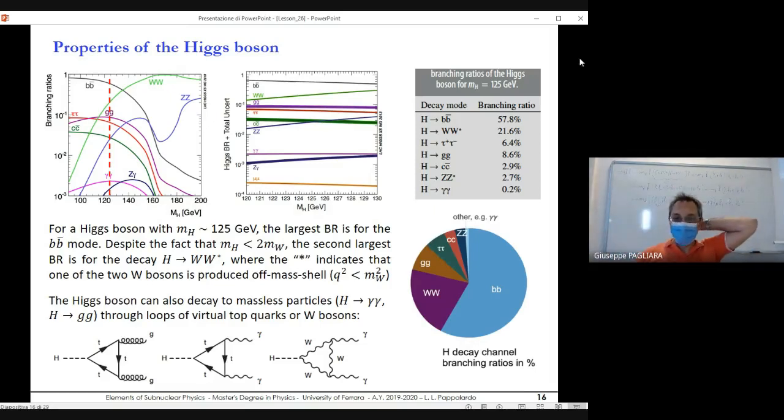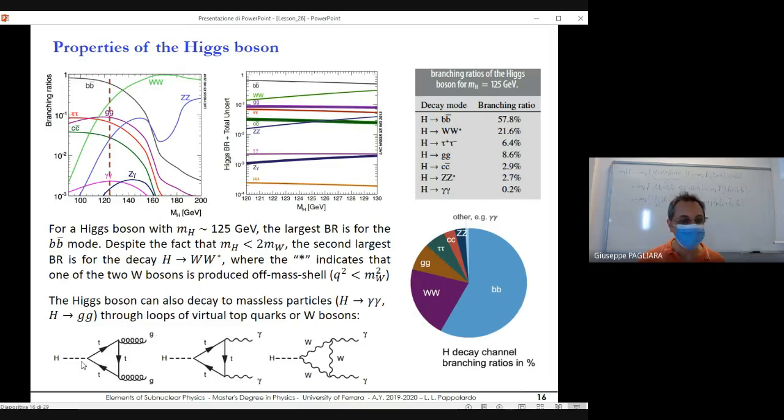Now it is interesting to see that the Higgs can also decay into massless particles. How is this possible? How can the Higgs decay into 2 photons or into 2 gluons? Well, as you can see already in the bottom of the slide, this is possible through loops of heavy fermions, for instance through the top quark, which is the one that interacts the most with the Higgs.